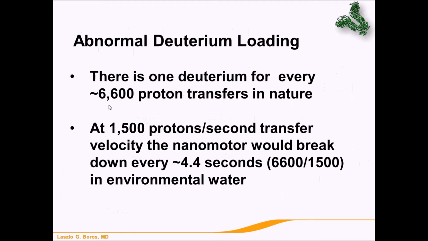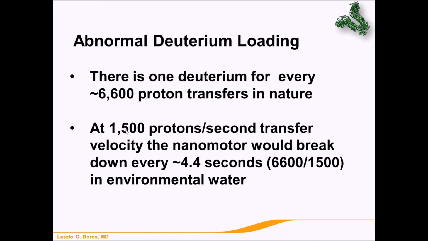So when it comes to natural deuterium abundance, for example, in glucose, every 6,600 protons or hydrogens in a glucose molecule will have 1 deuterium.